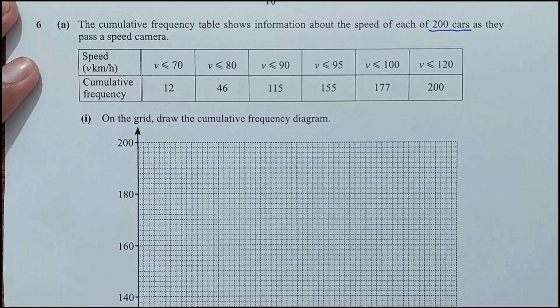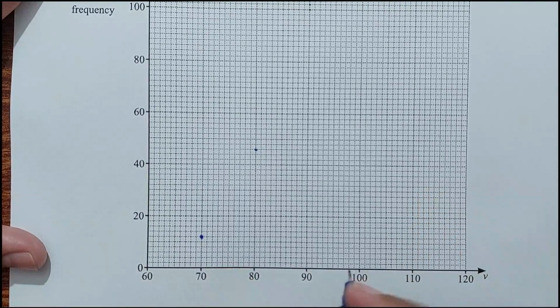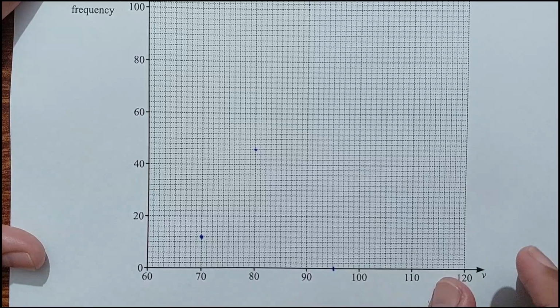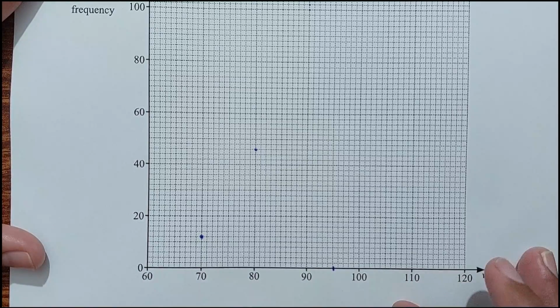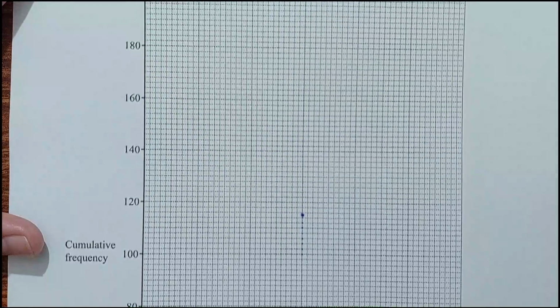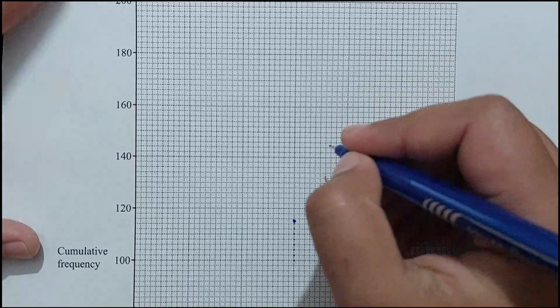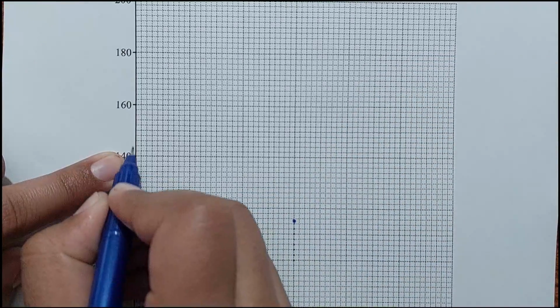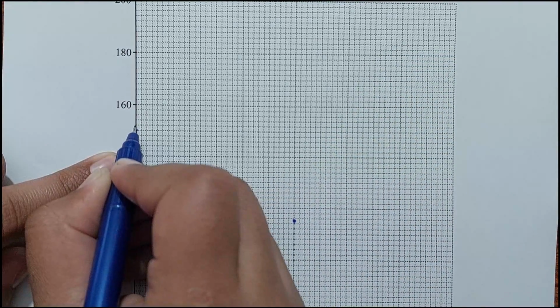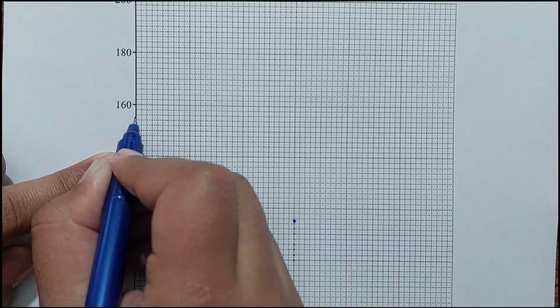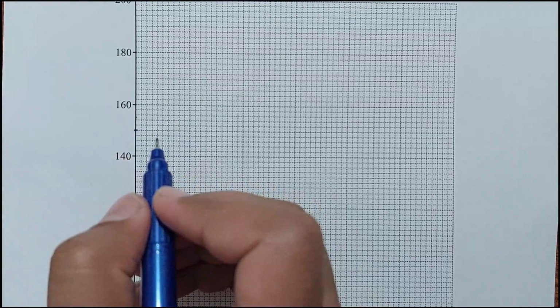Okay, now for 95 it is 155. So where is 155? We have 140 over here. 150 is over here, 152, 154, and 155 is in the middle.